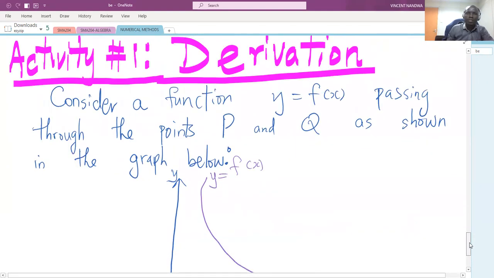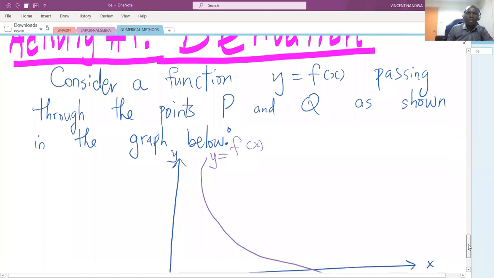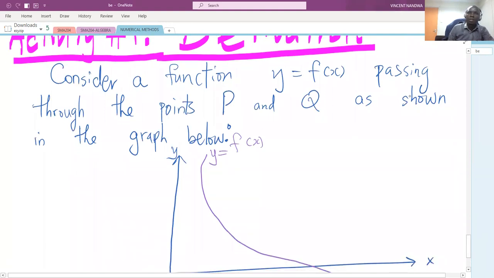So consider a function y equals f of x with a secant, or simply a line passing through points P and Q on the graph, as shown below.